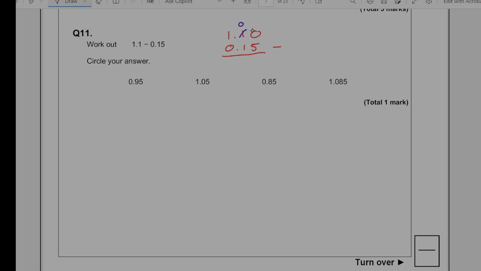So that's going to become a 0, and I'm going to have a 1 there. So 10 take away 5 is going to give me 5. Again, I'm going to have to exchange here. So 10 take away 1 is going to be 9. So we're looking at 0.95, which is our first option. Again, if you've used a different method to that, that's absolutely fine.